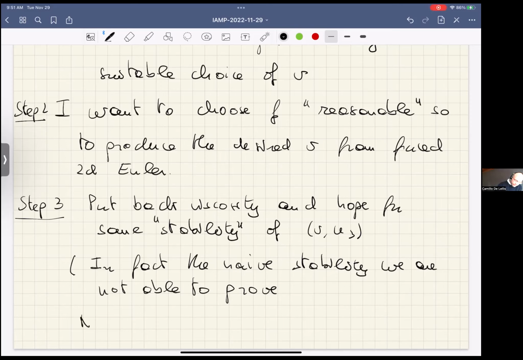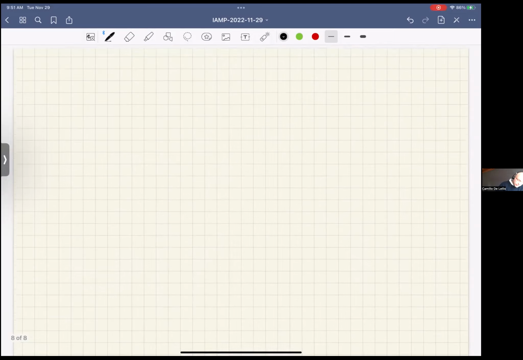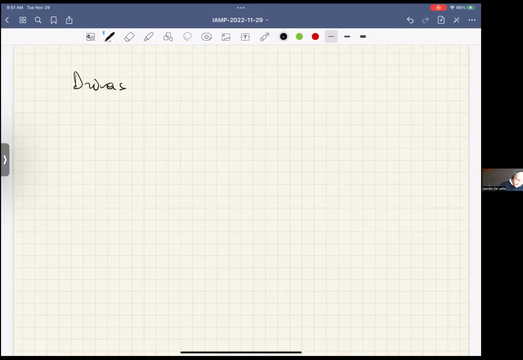So there is a nice argument, which is essentially borrowed from another paper. And this paper is by Drivas, Elgindi, Iyer, and Jeong.